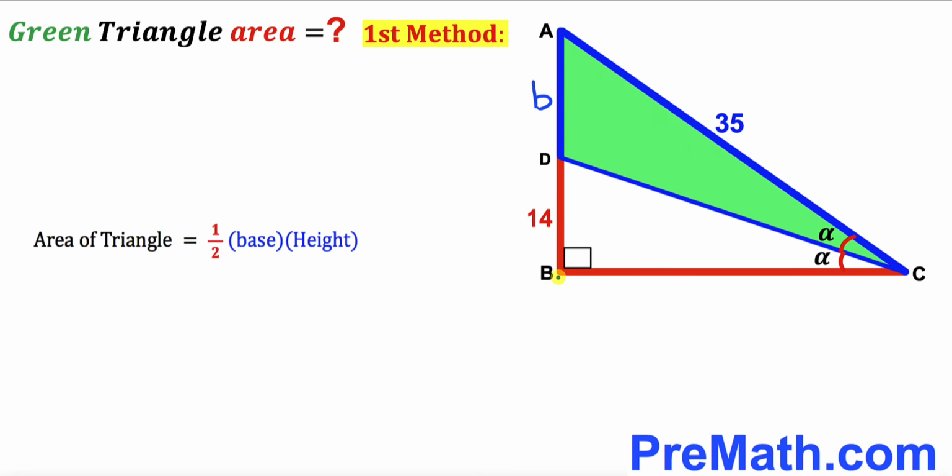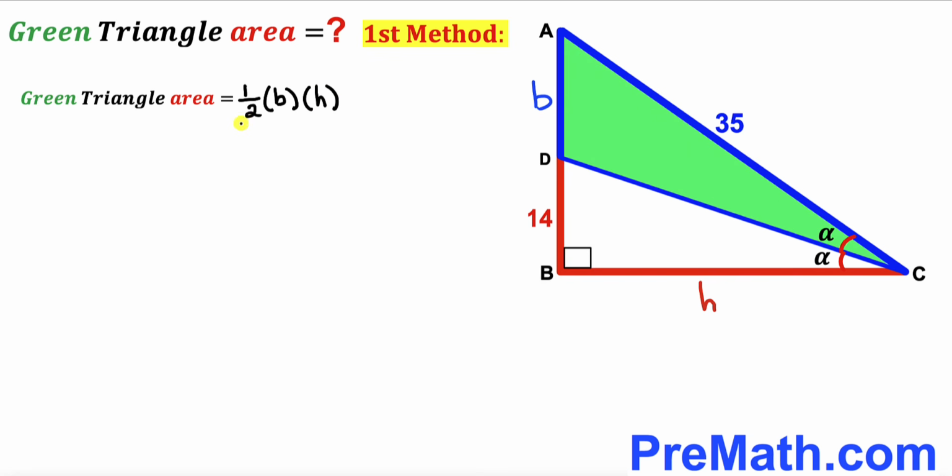Likewise, BC is the height of this green shaded triangle, which I'll label as lowercase h. So the area is going to be a half times b times h, and that could be written as b times h divided by 2.